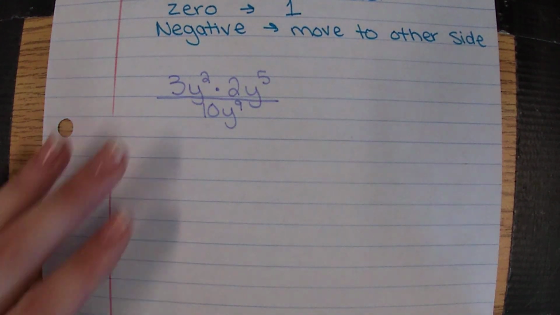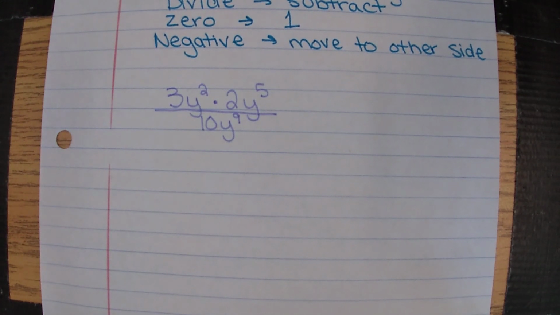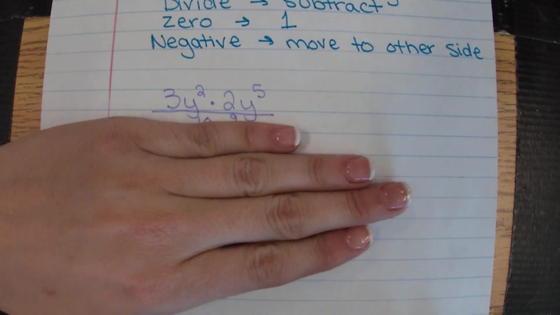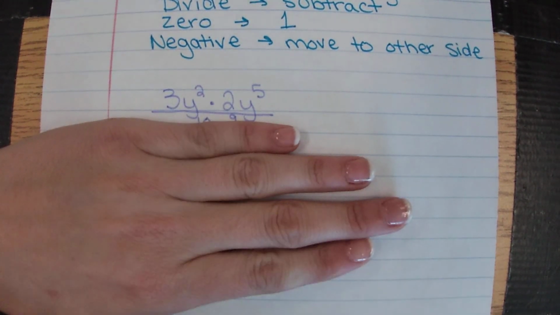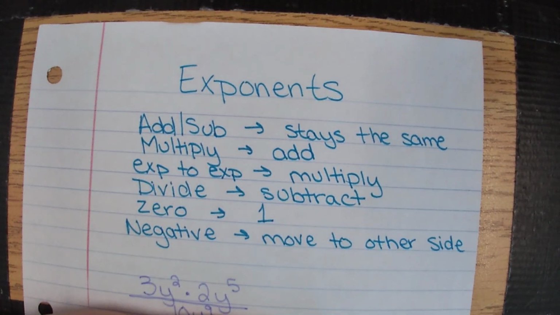Okay, so looking at this problem, my recommendation is that if we see a fraction, we look and see if there's anything we can simplify in the numerator or the denominator and look at those individually. So if we look at the numerator, is there anything that we can simplify? Well, yeah, we see multiplication. Our rule with multiplying says that we're going to add the exponents.